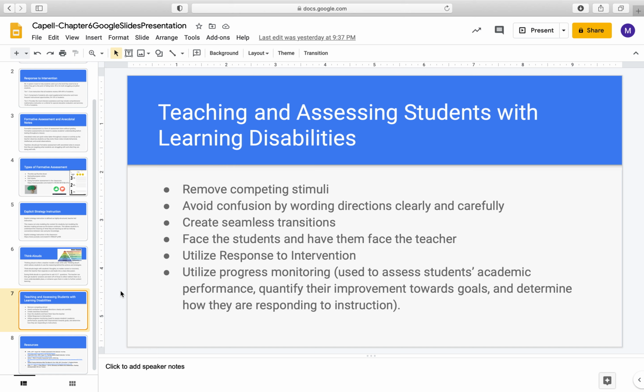But this is used to assess students' academic performance, quantify their improvement towards goals, and determine how they are responding to instruction. And of course, this is important because this is what tells you, is my instruction working? Is my response to intervention working? Are students learning what they need to know? How are they doing with it? So, of course, that's very important.